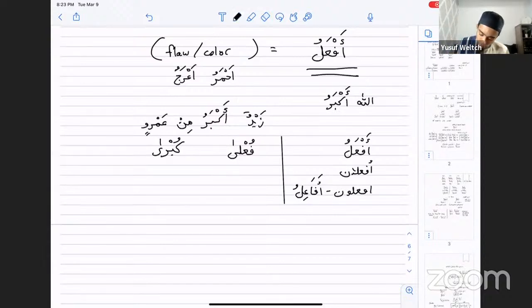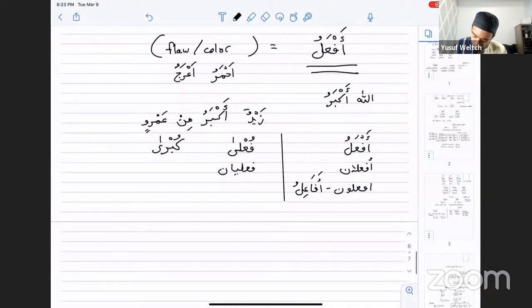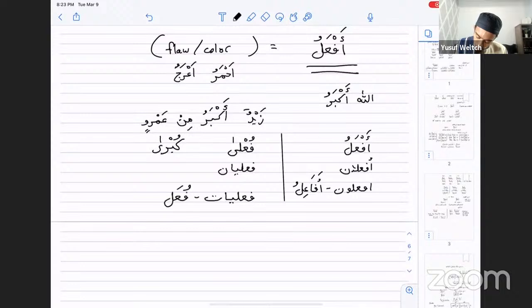And then you have for the dual fu'layani, and then the plural will be fu'layatun or fu'alun. These are not as common.